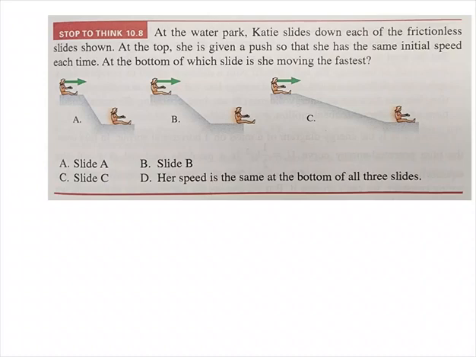Her speed is the same at the bottom of all three slides. She might get to the bottom faster, but her speed is the same in all three cases. Okay? This doesn't ask about time, this asks about speed. So the answer is D. Good.